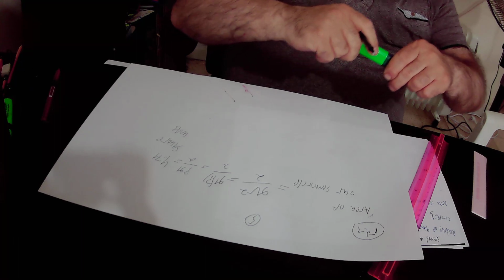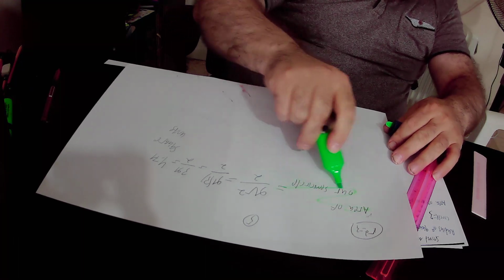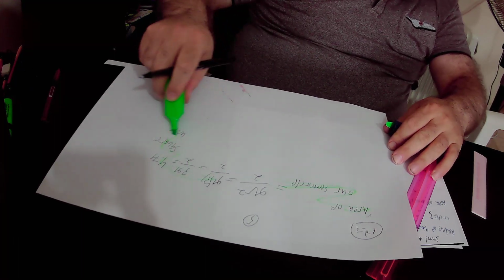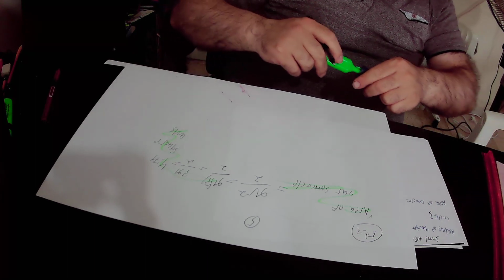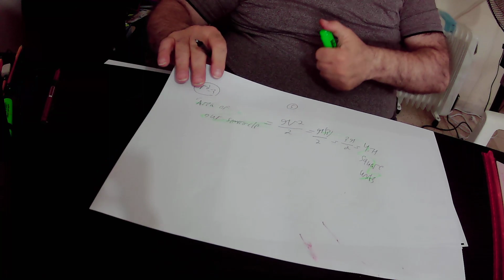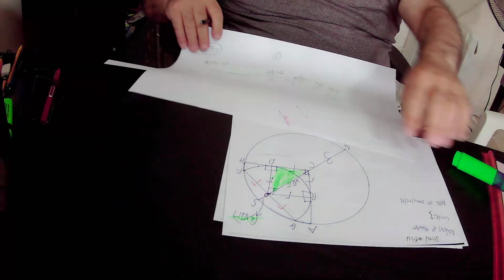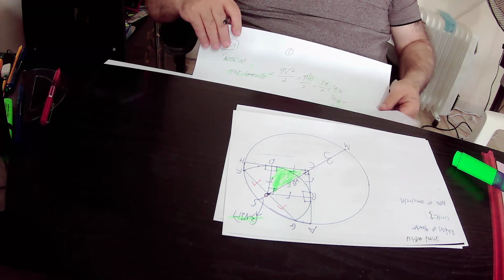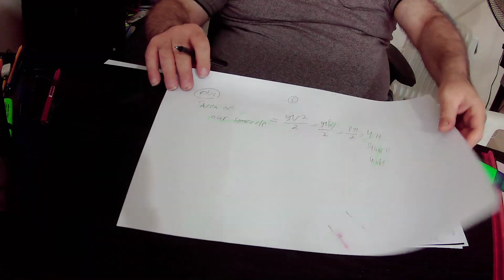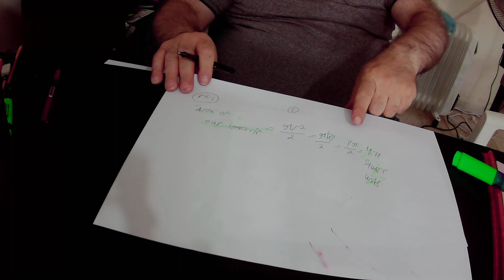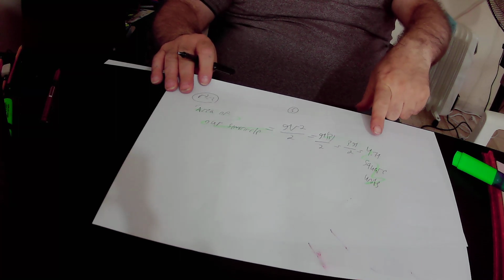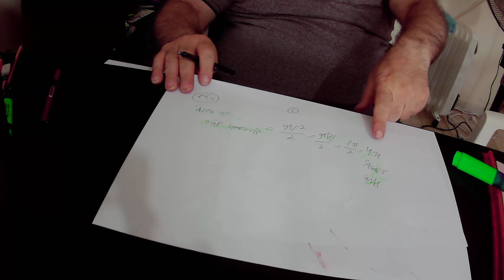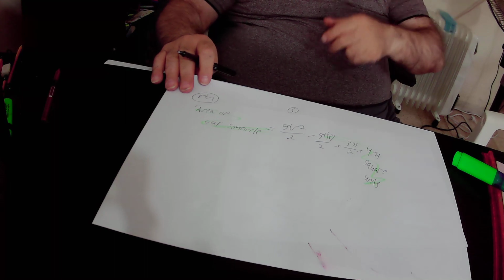Okay, so I'll repeat again. We found out that the area of this semicircle that is described by the quarter circle is equal to either 3 pi over 2 square units, or in terms of numbers, 4.71 square units.